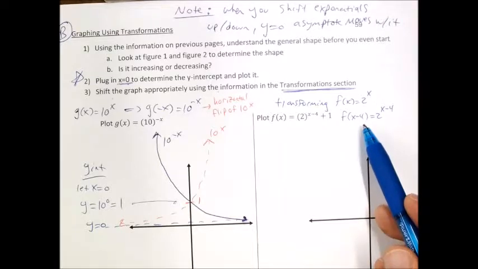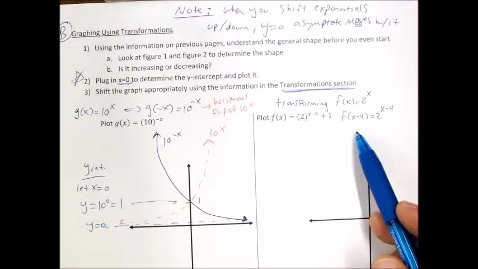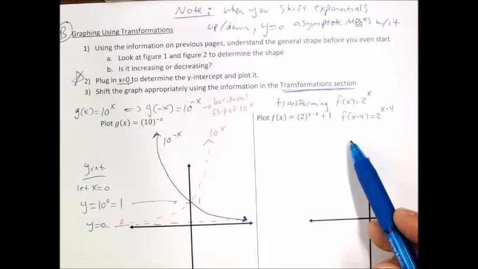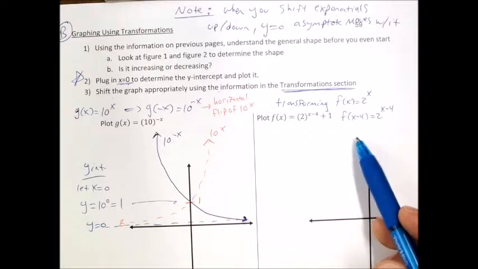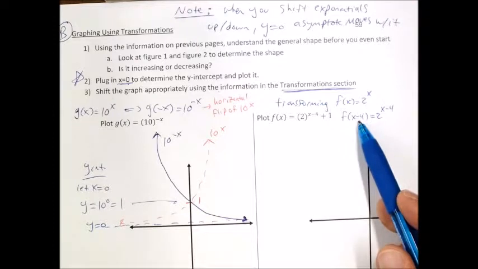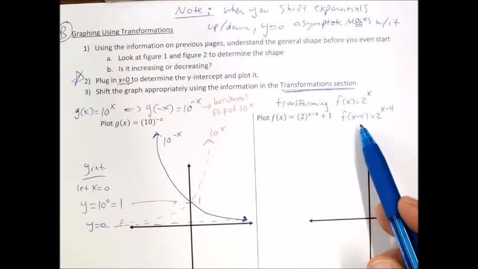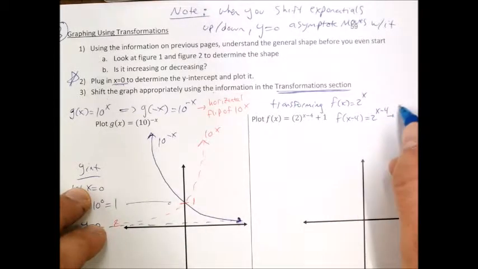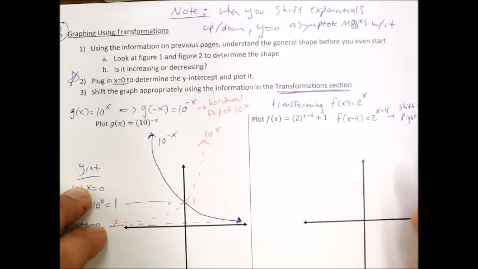This is very relevant for today's quiz. It's a horizontal what? It's a shift, because we're subtracting 4. We're doing f of x minus 4, so it's a horizontal shift which way? To the right, yeah. So this is going to shift 2 to the x to the right 4.